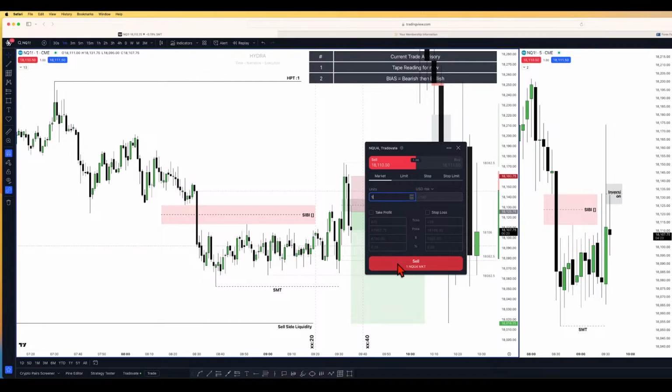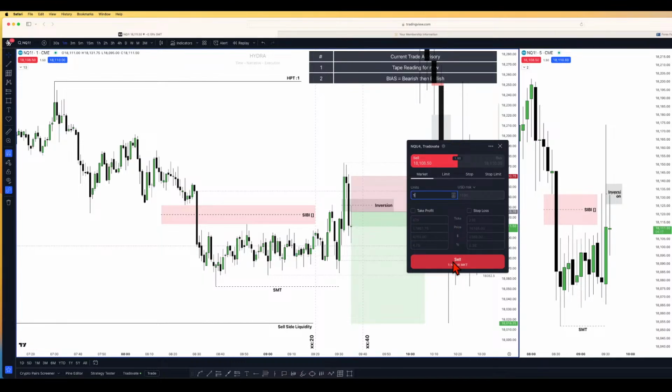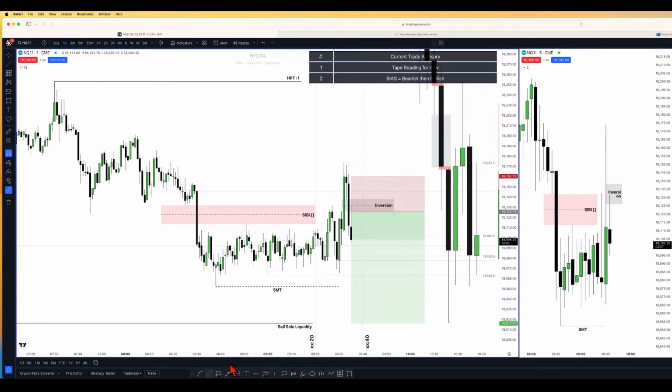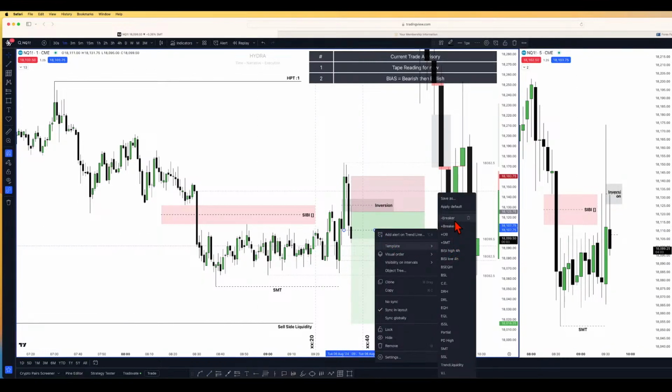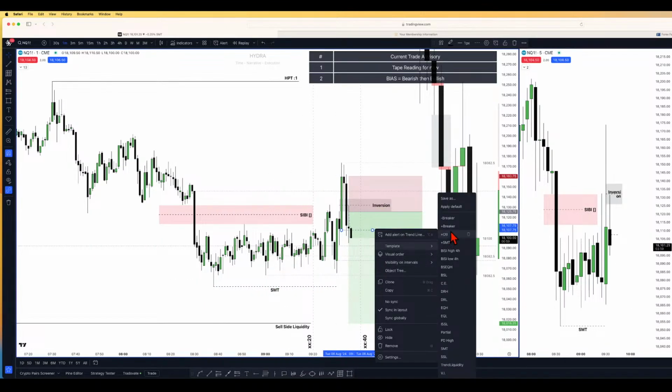Let me see if I can get in. I think I missed it from the inversion. I don't want to take it here. They already rejected from the inversion, right? They have a lot of relative equal lows, but this one came with a SMT.